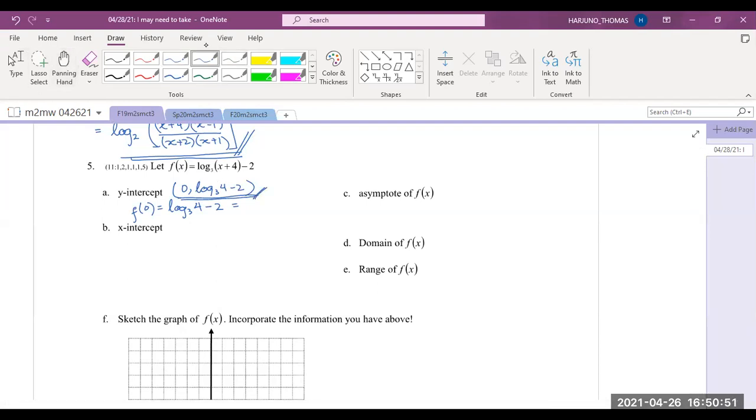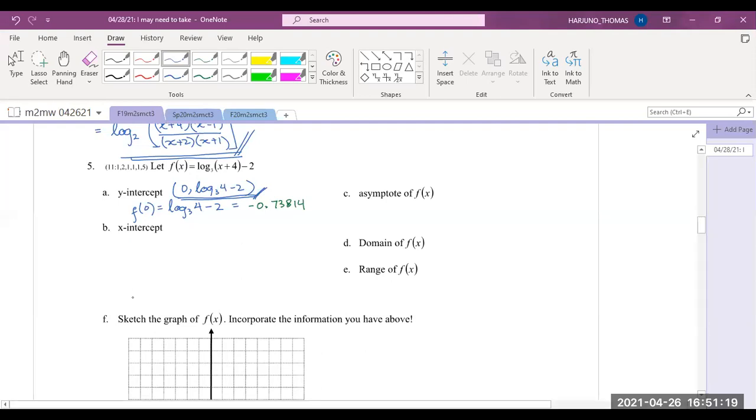Okay, if I use a calculator, log base 3 of 4, that's log 4 divided by log 3, and then minus 2. That's negative 0.73814. But I will use the exact solution for the question.